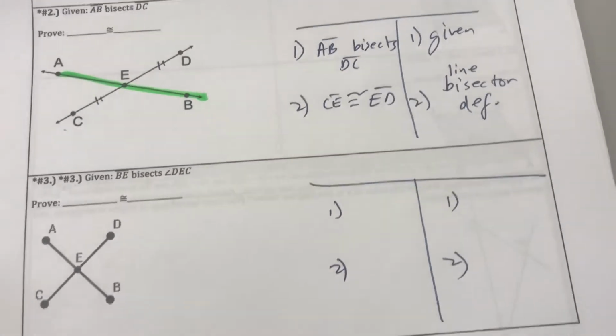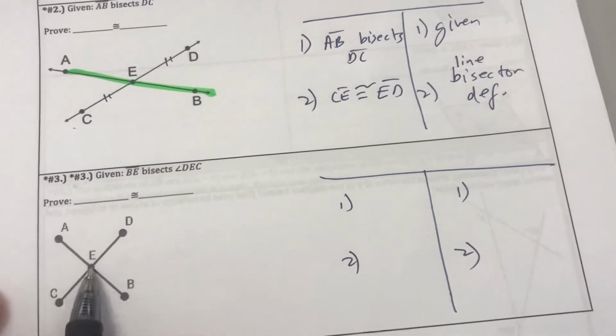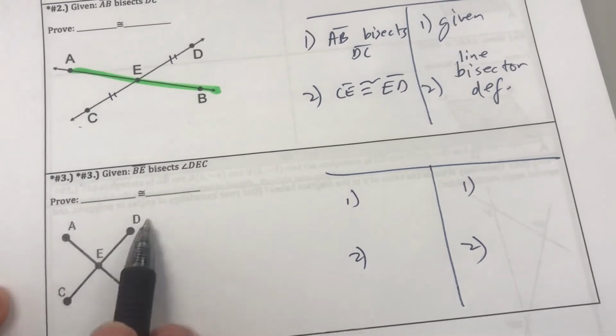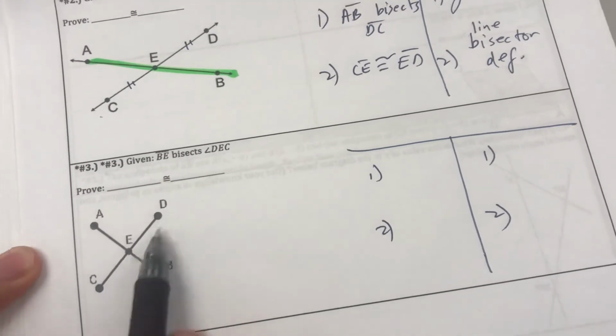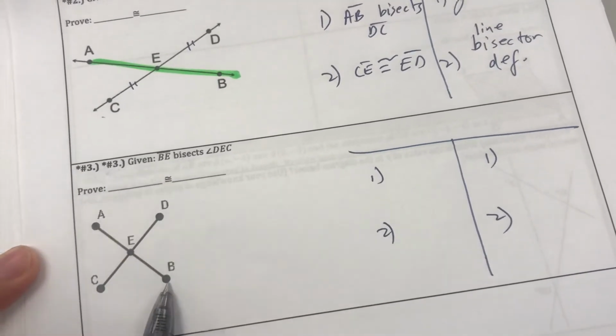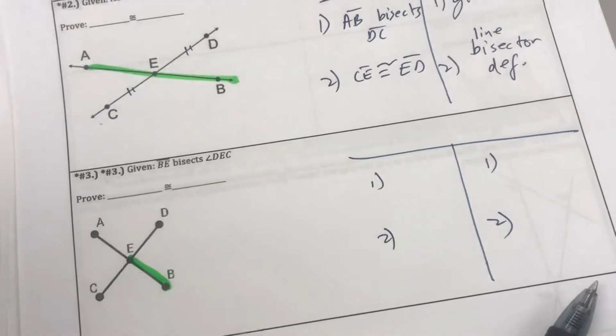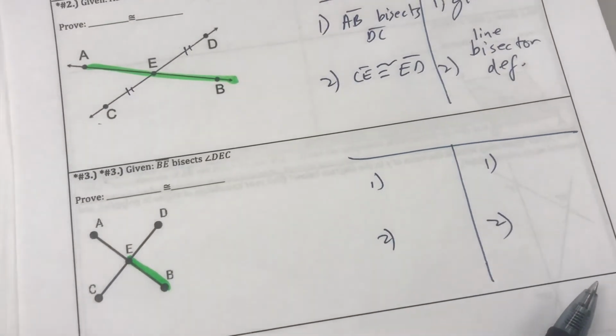Finally, down here, right? Given that BE is bisecting DEC, and this is a tricky one, right? DEC is a straight angle. Given that BE, this thing right here, is the bisector, it's the knife, it's cutting DEC in half, what is it that we can conclude?